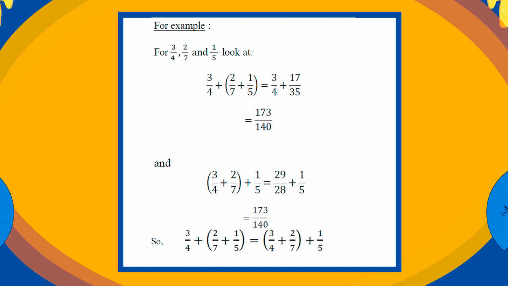Now, next 3 by 4 plus (2 by 7 plus 1 by 5). The addition of the first two numbers gives 29 by 28 plus 1 by 5, then the final answer is 173 divided by 140, both are the same. So, (3 by 4 plus 2 by 7) plus 1 by 5 is equal to 3 by 4 plus (2 by 7 plus 1 by 5).